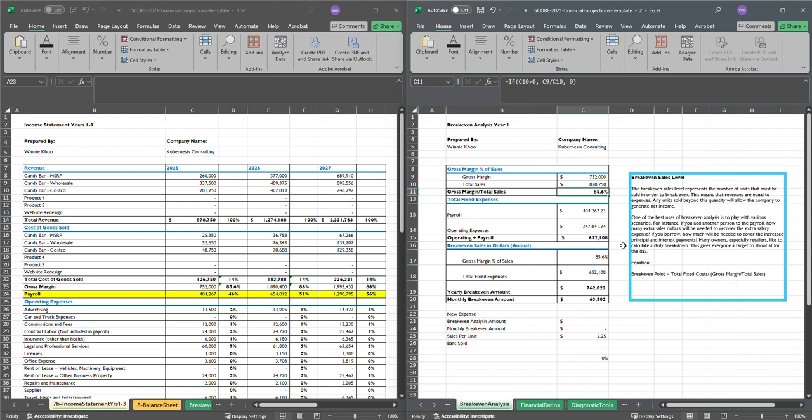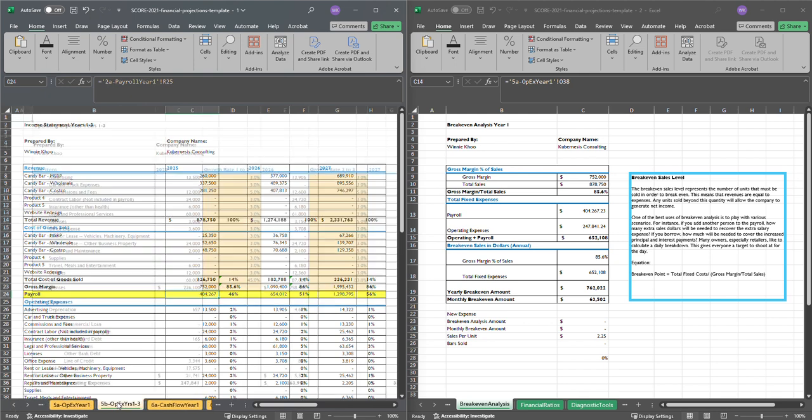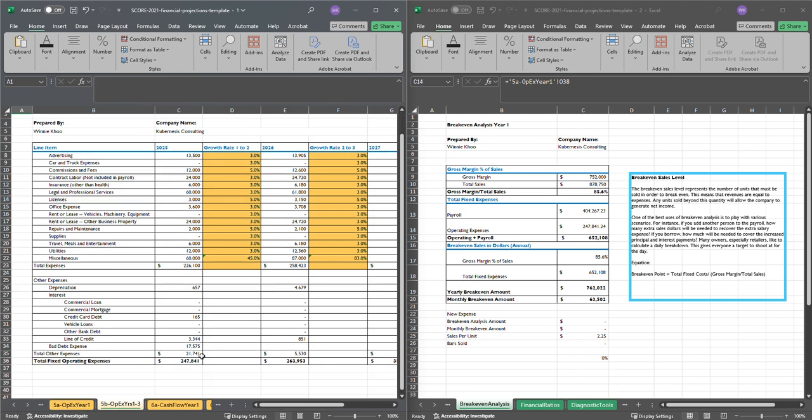And then the first half is the total fixed cost. The total fixed cost for the business here is payroll and operating expenses. These are pulling from the payroll numbers, so the payroll from the first year. And the operating expenses are coming from here.